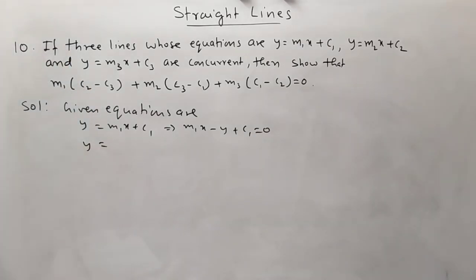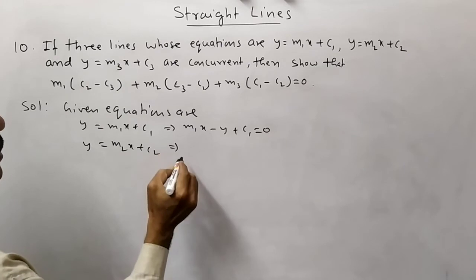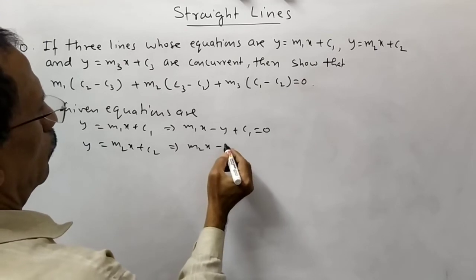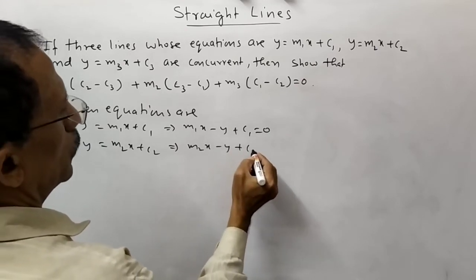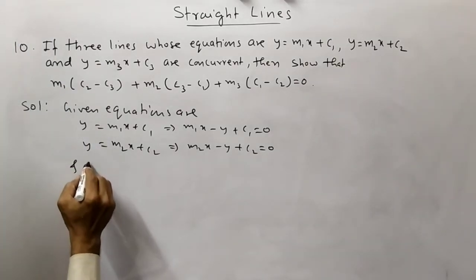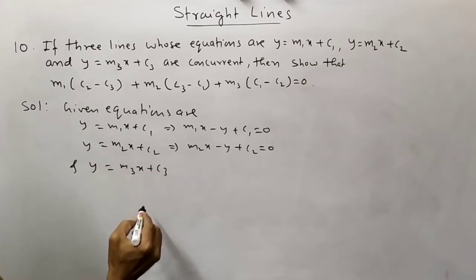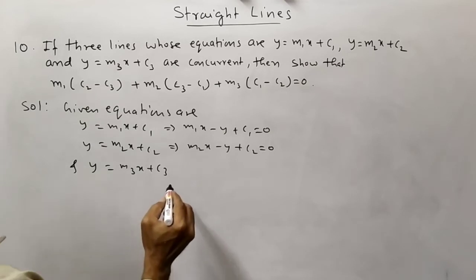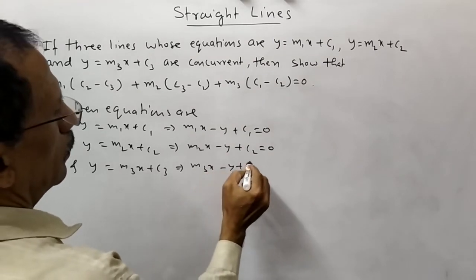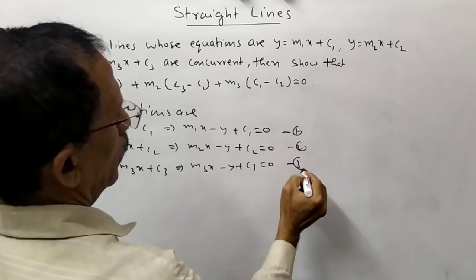Y is equal to m2x plus c2 implies m2x minus y plus c2 is equal to 0, and y is equal to m3x plus c3. This implies m3x minus y plus c3 is equal to 0. Say number 1, 2 and 3.